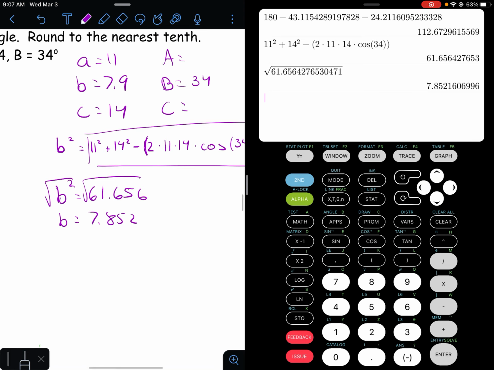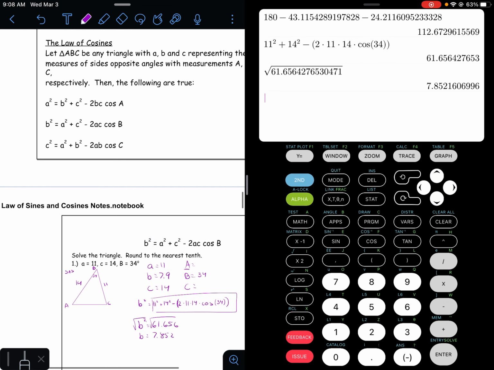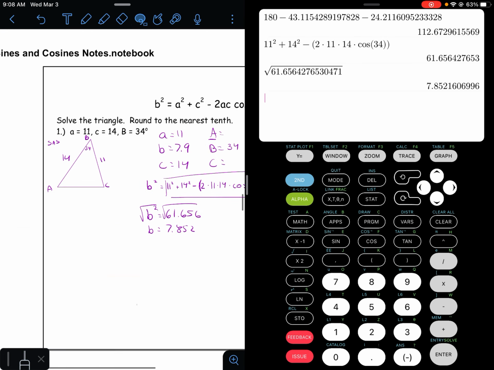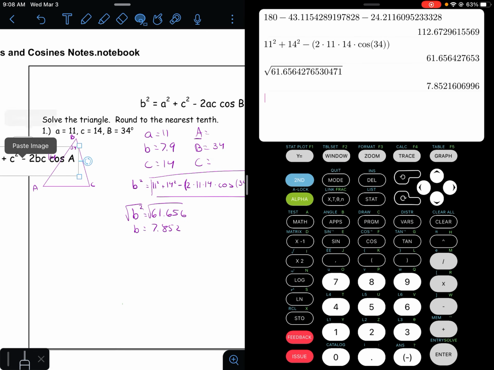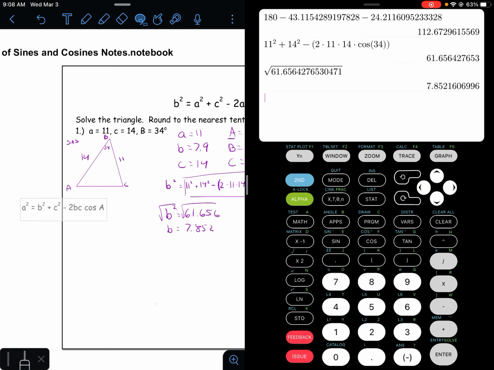So now we have to solve for another angle. It doesn't matter which one you solve for. Let's say we're going to solve for angle A. That means we're going to use this formula because it has angle A in it. We'll put that over here so that we can plug into it.